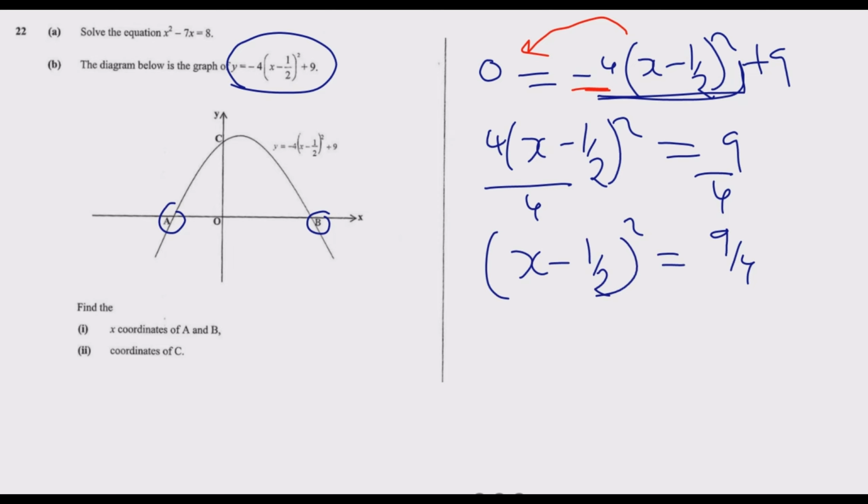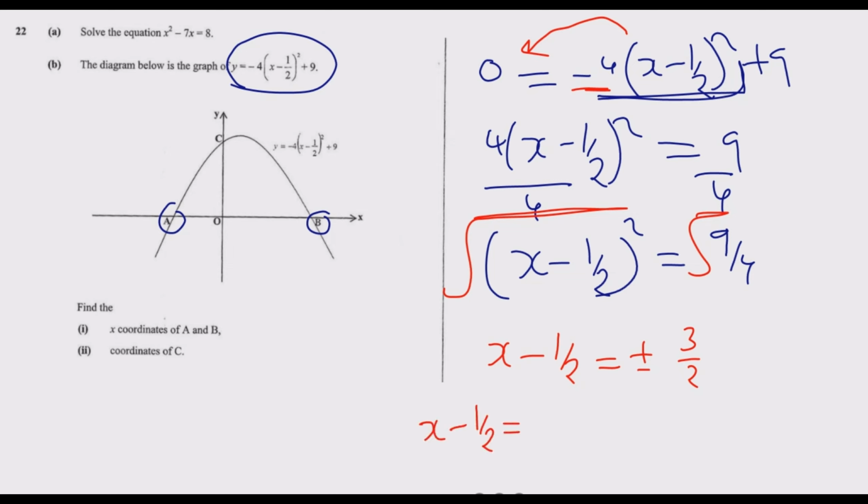Then we find the square root on both sides. What we get is x minus half is equal to plus or minus the square root of 9, which is 3, over the square root of 4, which is 2. So x minus half is either equal to 3 over 2 or x minus half is equal to minus 3 over 2.